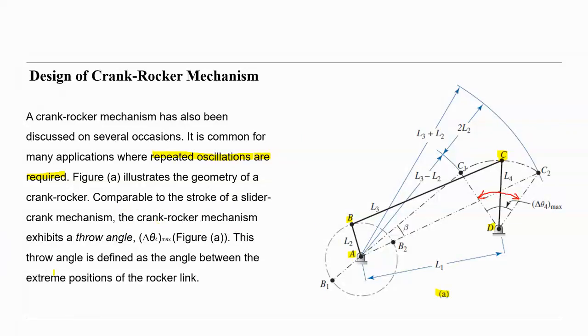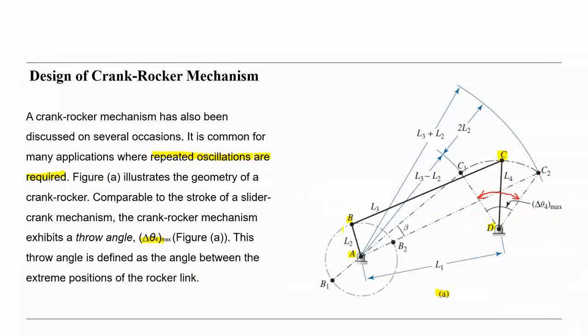The crank rocker mechanism exhibits a throw angle, that means delta theta 4 max, figure A. This throw angle is defined as the angle between the extreme positions of the rocker link.